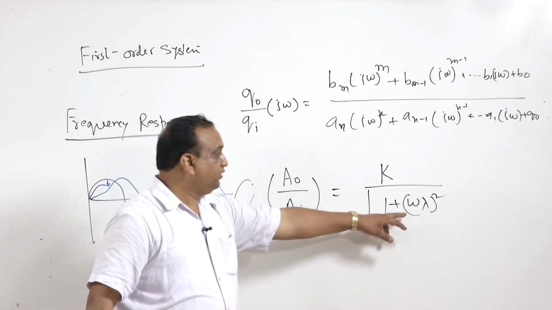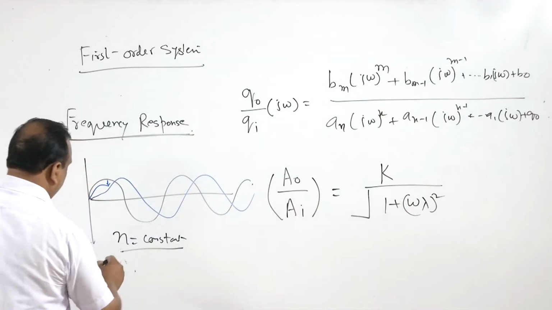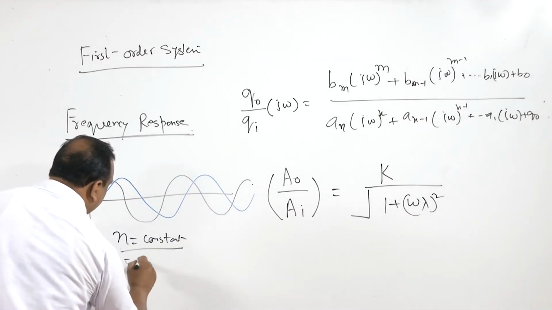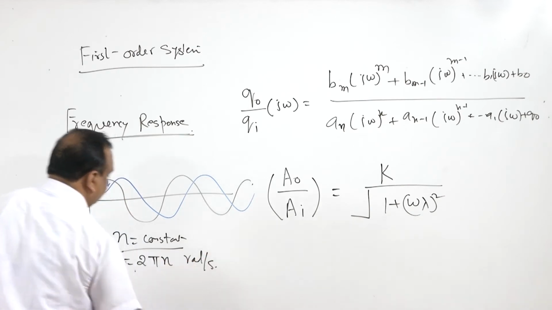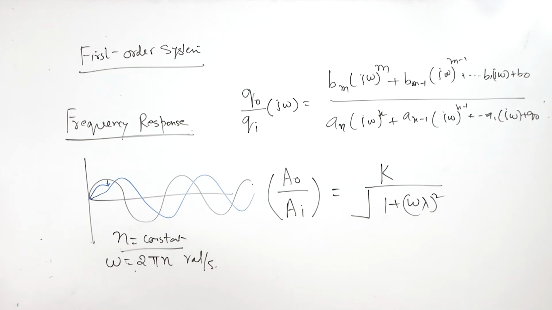Omega is frequency, 2 pi n radians per second, where n is the frequency. Suppose frequency is 50 hertz, so 100 pi is going to be the omega.